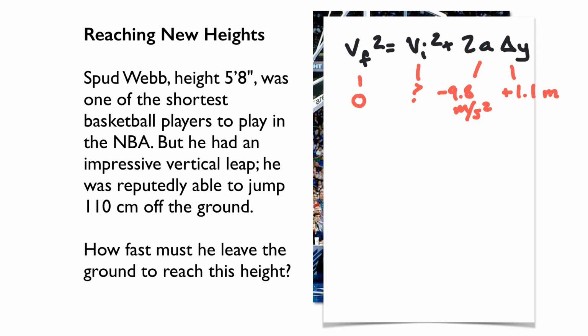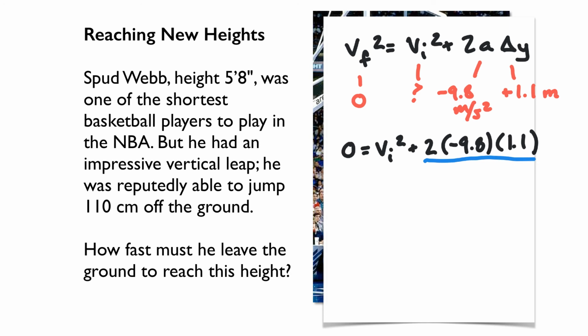So if I put those numbers in, I get this. I get 0 is equal to vi squared plus 2 times negative 9.8 times 1.1. And I'm going to leave the units off right now just because I'm running out of room. This quantity right here is the product of two positive numbers and a negative. It's a negative number.